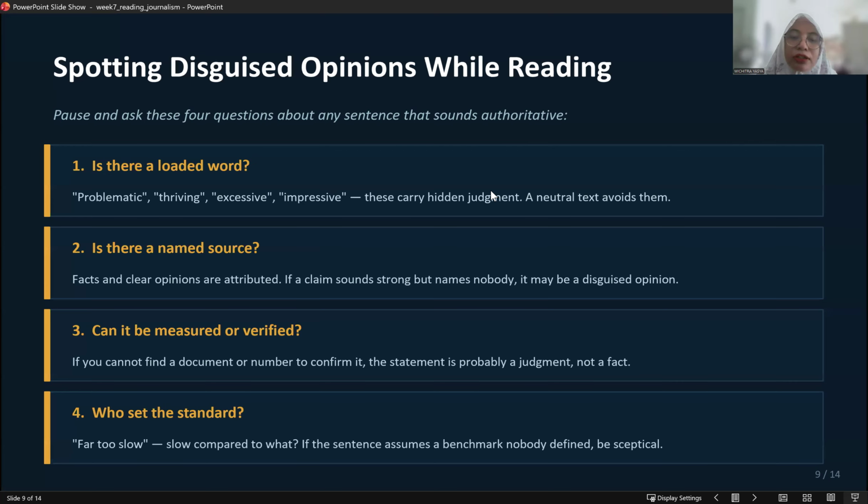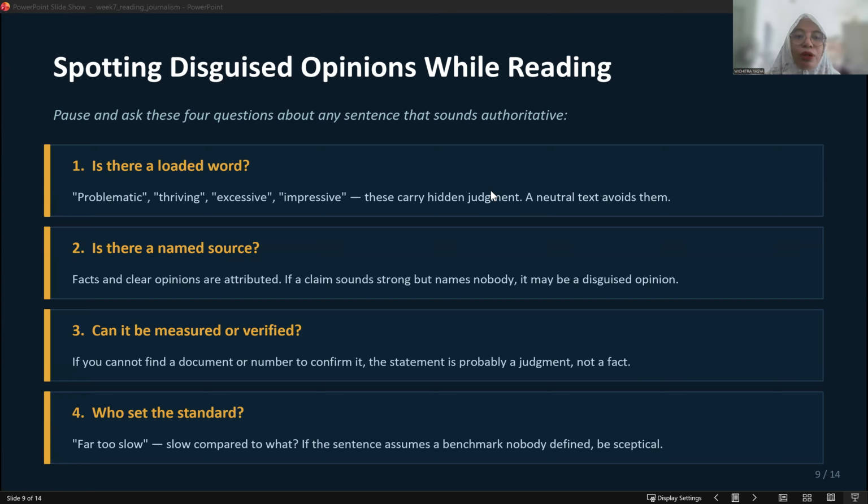So here's some tips on spotting disguised opinions while reading. The first one is pause and ask these 4 questions about any sentences that sound authoritative. That means it may sound credible, but it's not a fact. It's an opinion. Is there a loaded word?